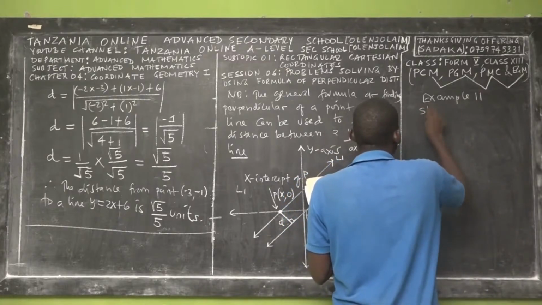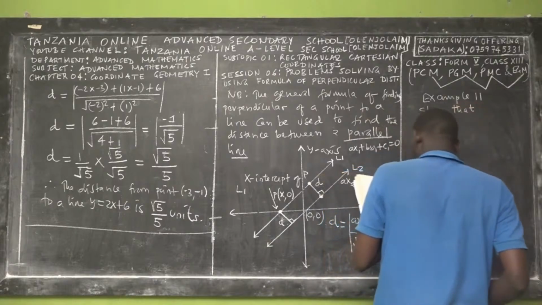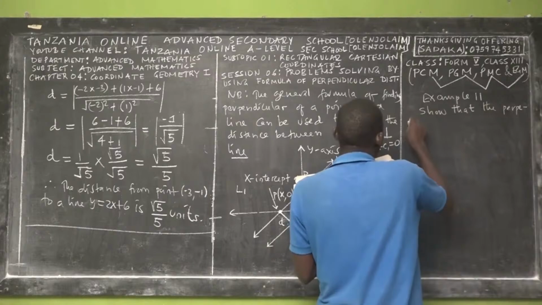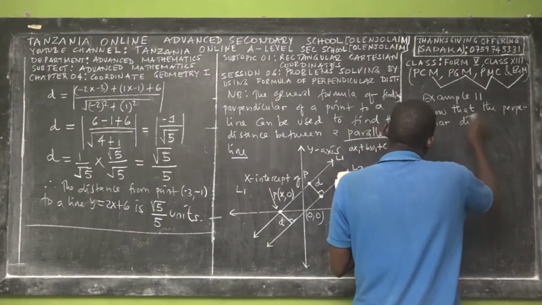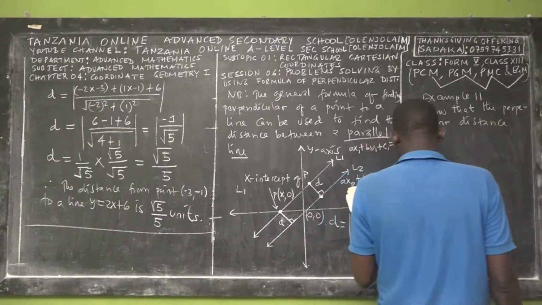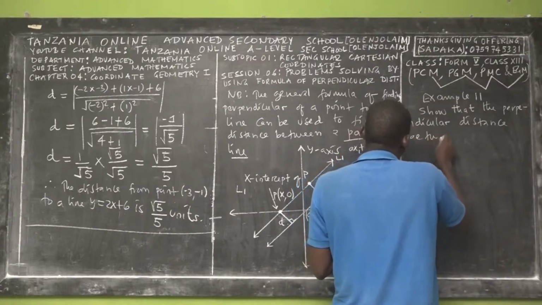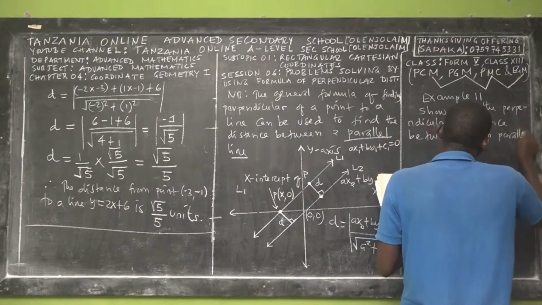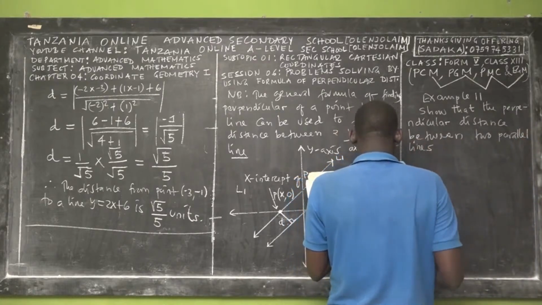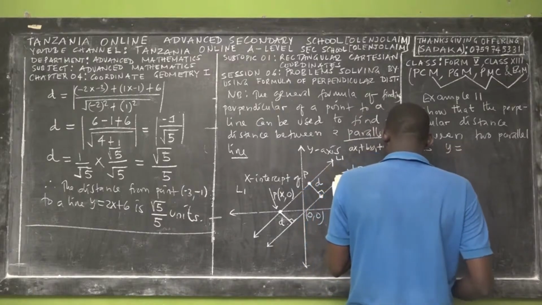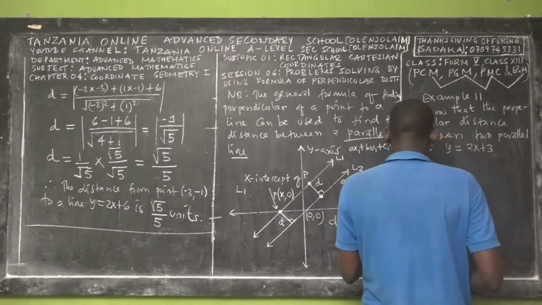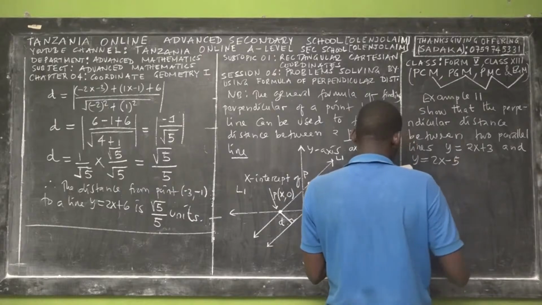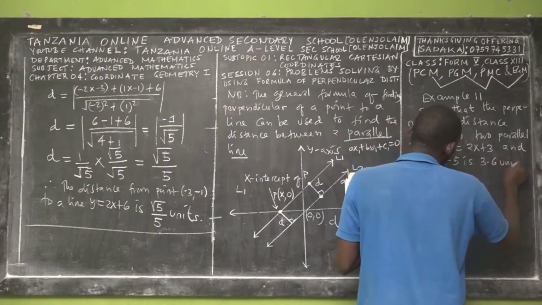Show that the perpendicular distance between two parallel lines, y is equal to 2x plus 3 and y is equal to 2x minus 5, is 8.6 units.